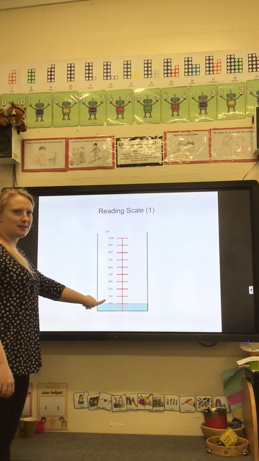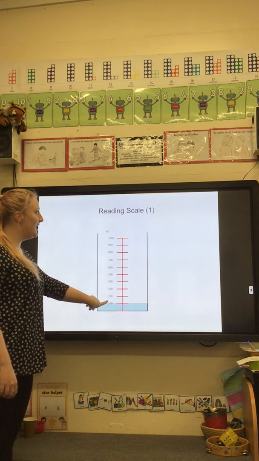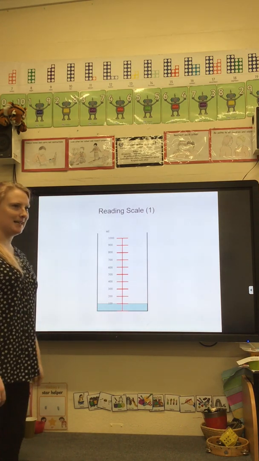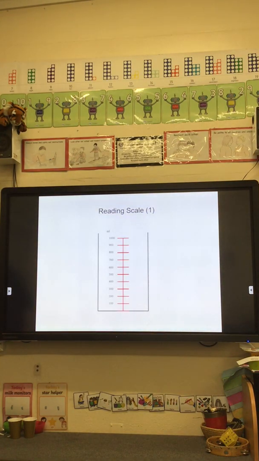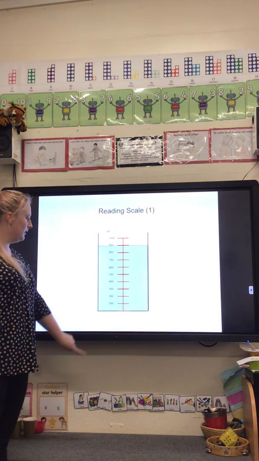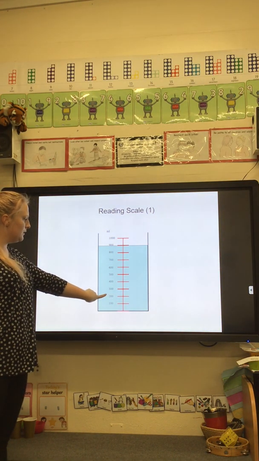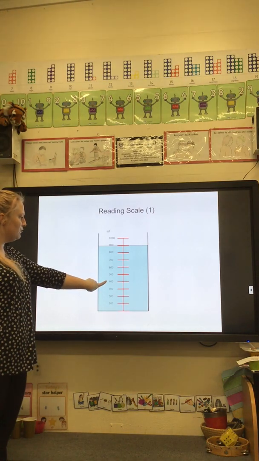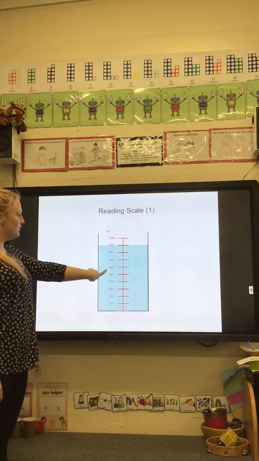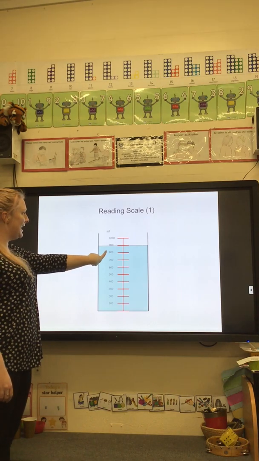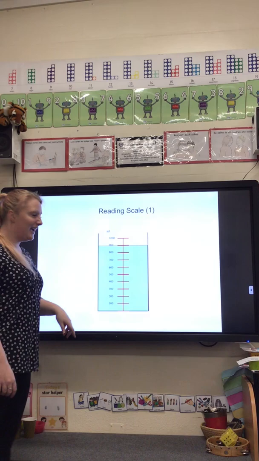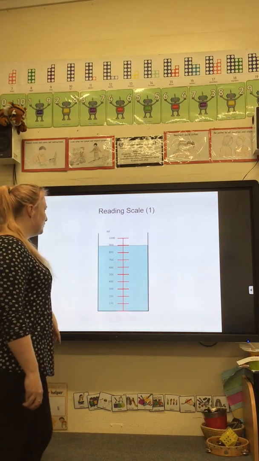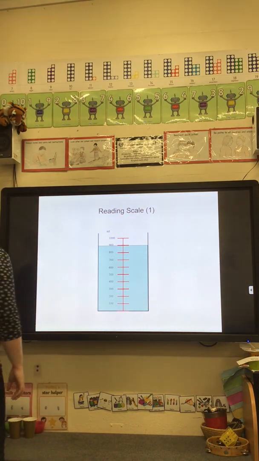What number is this? 100 millilitres. Very good. Next one. Ooh, much higher this time. So we go past 100, past 200, 300, 400, 500, 600, 700, 800. And what do we land on? 900. 900 millilitres of liquid.